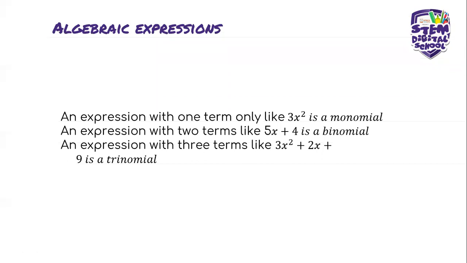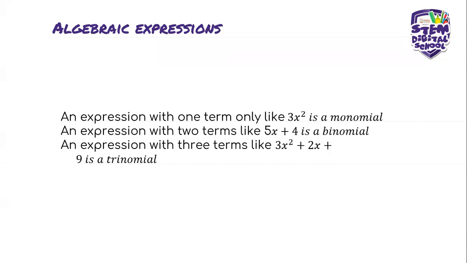We are talking here about algebraic expressions, a combination of numbers and variables, separated by different operations: addition, subtraction, division, multiplication. It can be any of the operations, and they are applicable in any algebraic expression.